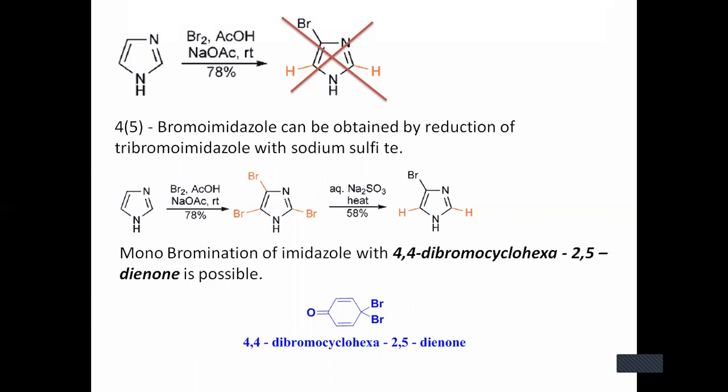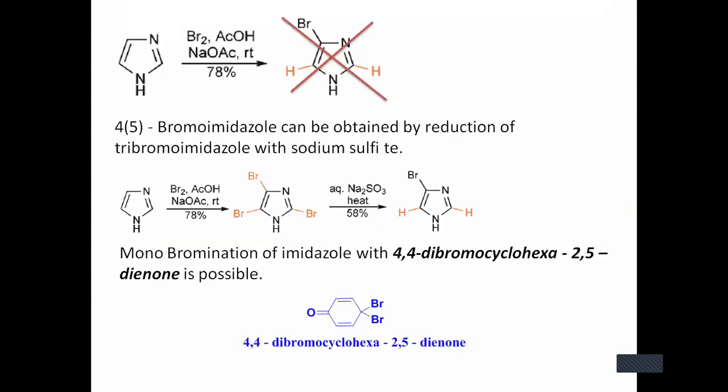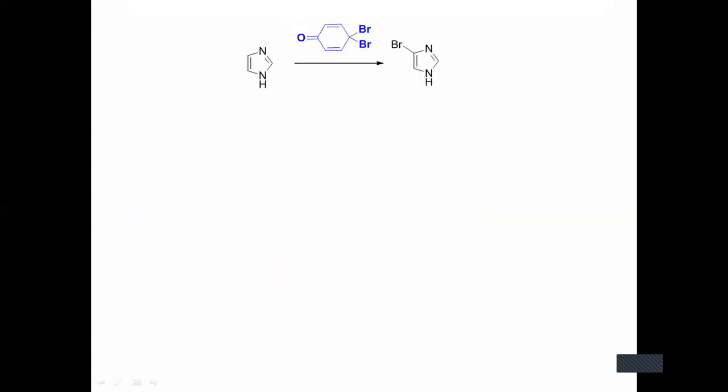Another monobromination can also be possible if you change this reaction condition. Bromine in acetic acid is replaced because it is highly reactive and gives tribromo. But if you use this compound, what is the name? 4,4-dibromo cyclohexa-2,5-dienone. A very simple, especially interesting reagent.